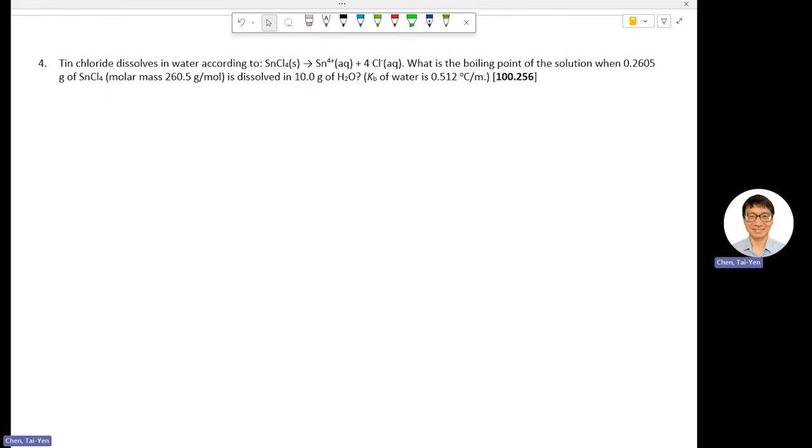What's the keyword? Boiling point, right? Again, boiling point, colligative property. Only one equation that you can use: delta T equals i times Kb times m.